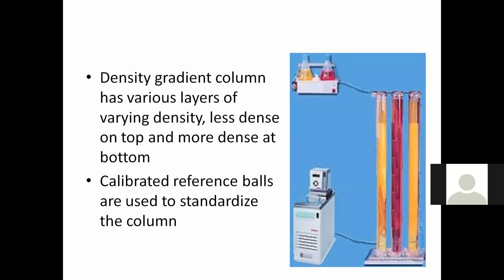A density gradient column has various layers of varying density, less dense on top and more dense at bottom, as I have already mentioned. Calibrated reference balls are used to standardize the column. If you see the actual density gradient column physically, you will see 4 to 5 glass walls in each column, maybe 3 to 4 or up to 5.